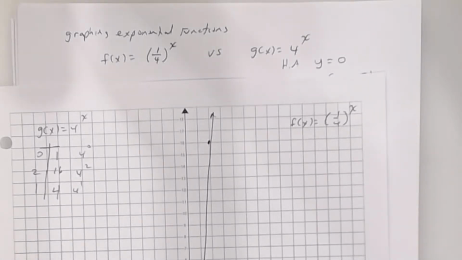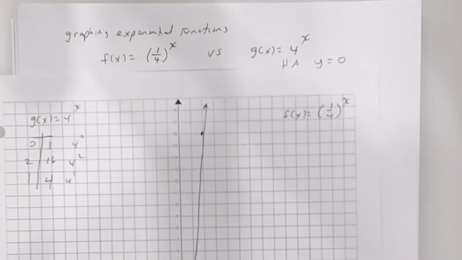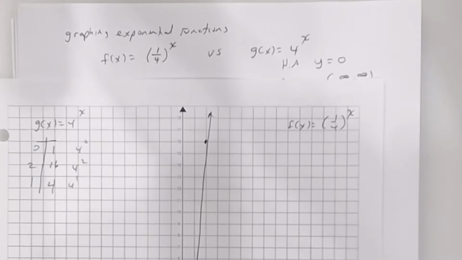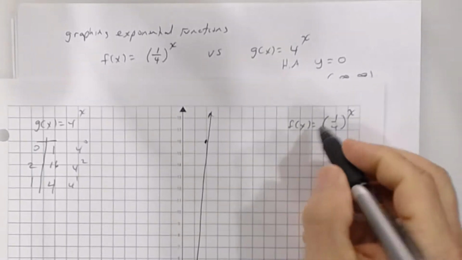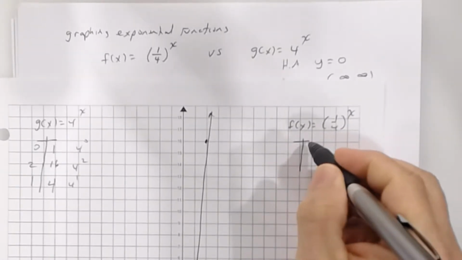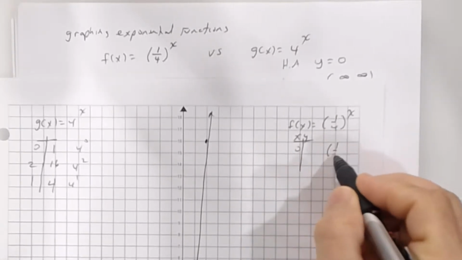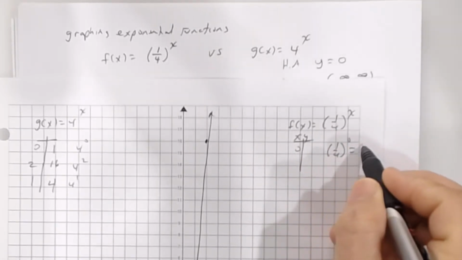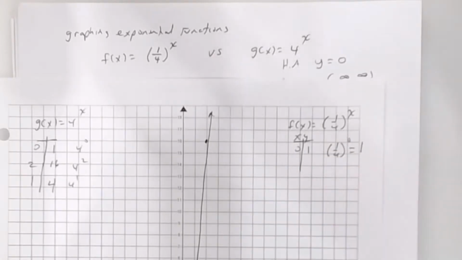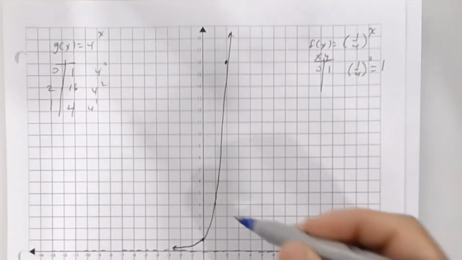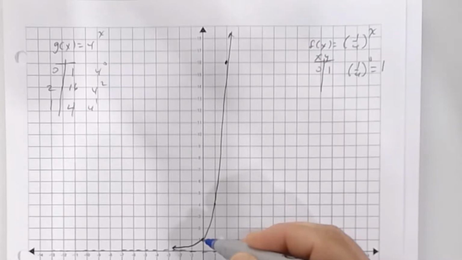Again, when you graph an exponential function, one of the x values you're always going to use is 0. So if x is 0, what's 1/4 to the 0? 1. So I'll plot the point 0, 1, which is right here.